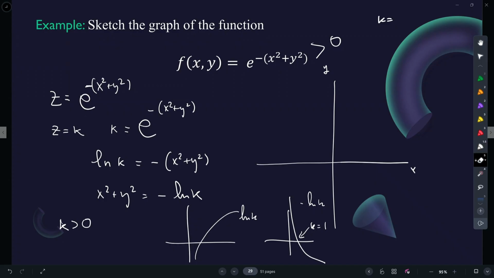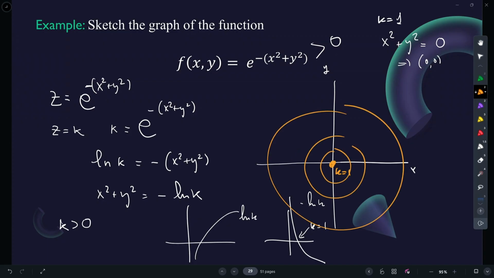At height k equals 1, I get exactly 1 point: x squared plus y squared equals 0, so there's only the 0, 0 point. The first level curve is just right there, and this is for k equals 1. As I decrease k between 1 and 0, it's going to give me bigger and bigger radii, and they're going to grow at an exponential rate.